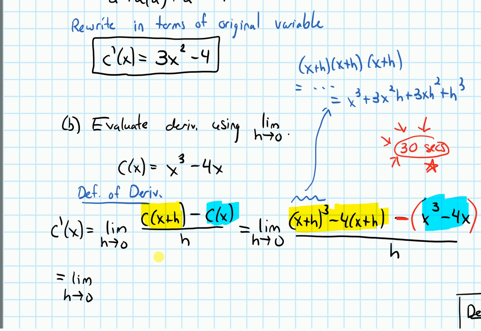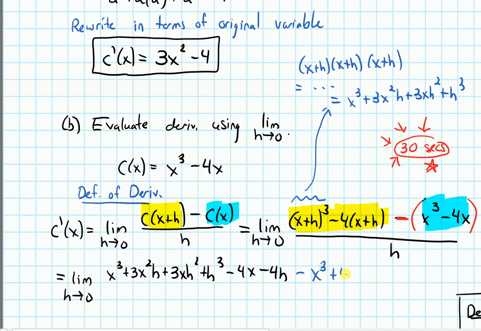All right, so using this, the x plus h cubed is x cubed plus 3x squared h plus 3xh squared plus h cubed. Then if I distribute the negative 4, we get negative 4x minus 4h. If I distribute the next negative, now we get minus x cubed plus 4x. And then all over this h in the denominator.